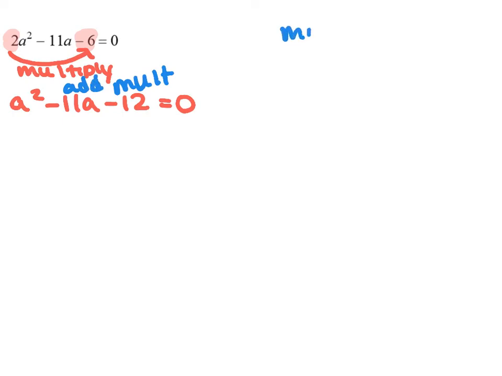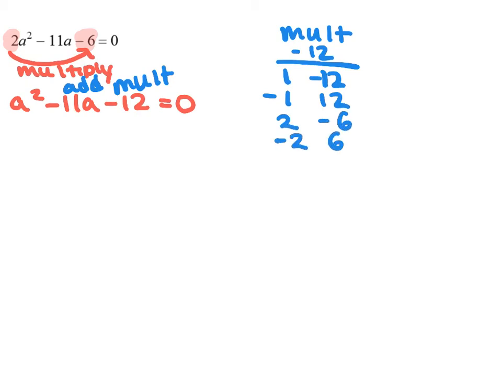So if I list numbers that multiply to negative 12, I would have positive 1, negative 12, negative 1, positive 12, positive 2, negative 6, negative 2, positive 6, positive 3, negative 4, and negative 3, positive 4.